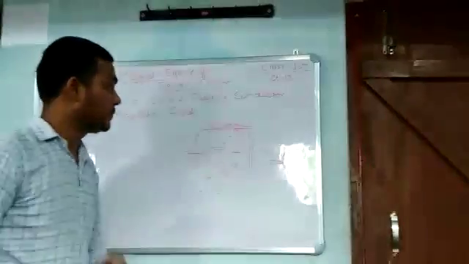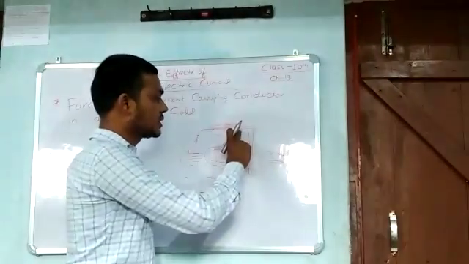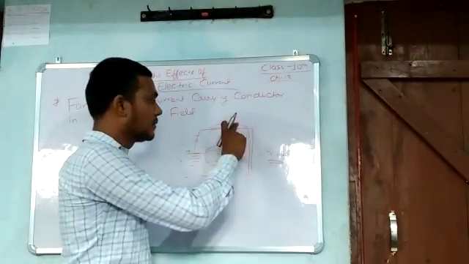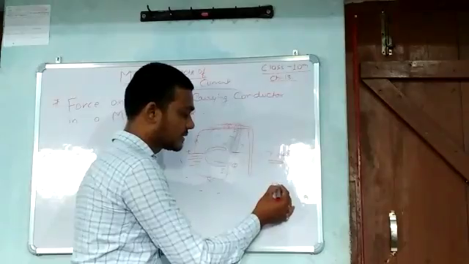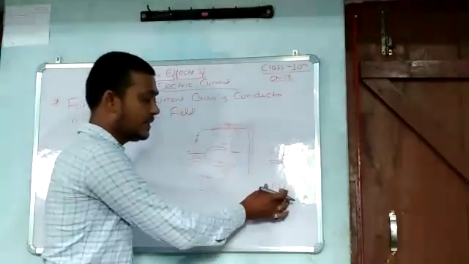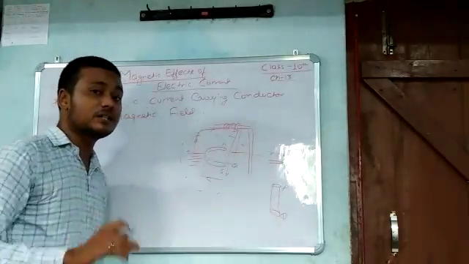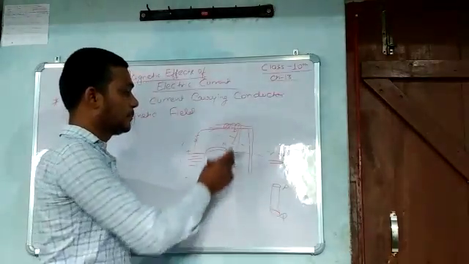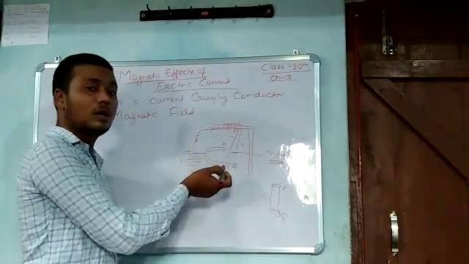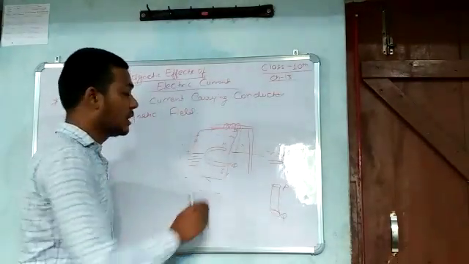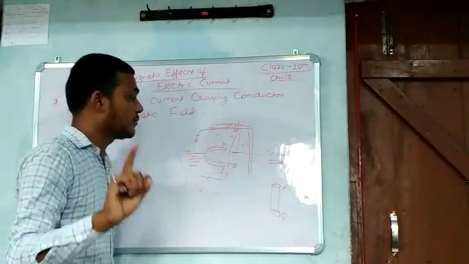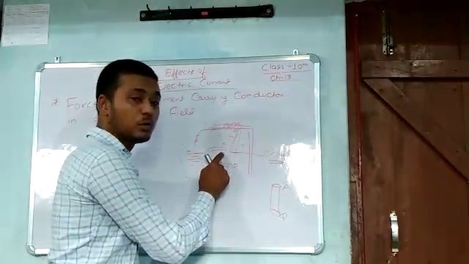Okay, again I repeat, these are the two sides of the conductor. If this is conductor P and Q, then P is placed in such a way that P is perpendicular to the magnetic field. Which magnetic field? The magnetic field produced by this pole, North Pole.